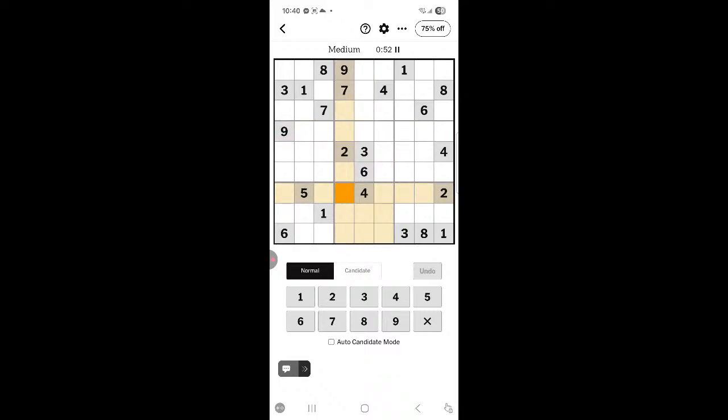So if there must be a 1 here and a 1 here, then it could be here, but it doesn't say that it has to be there in order to succeed. So you don't have that as an answer.